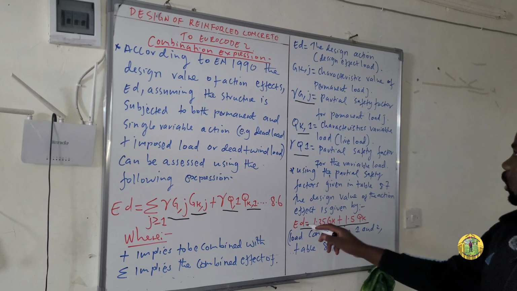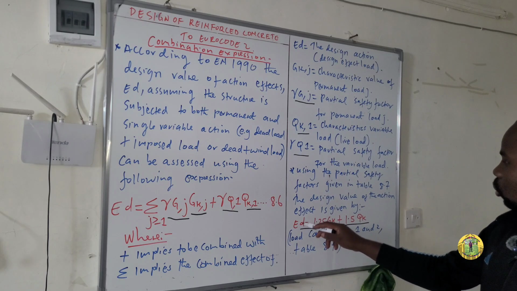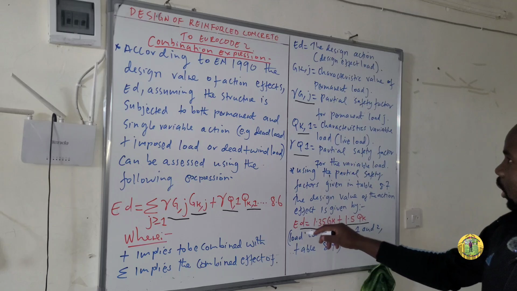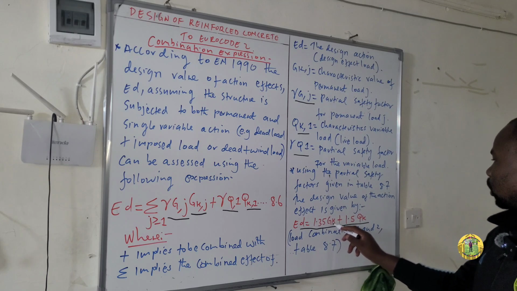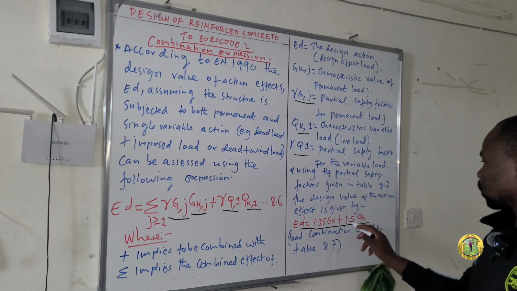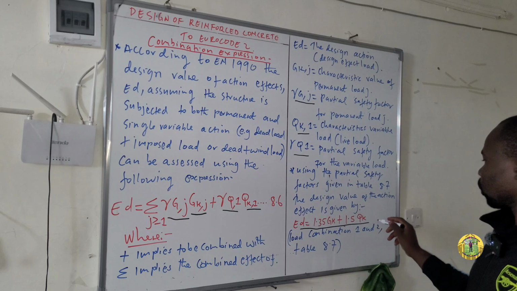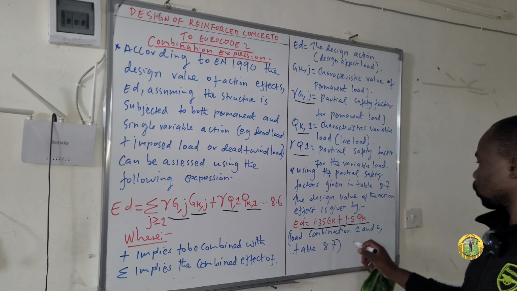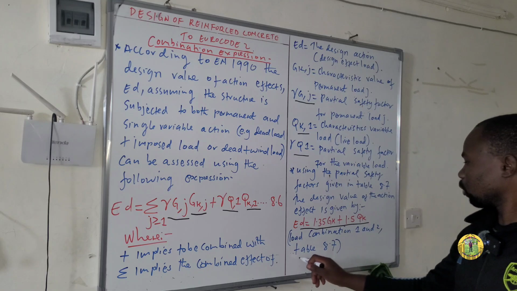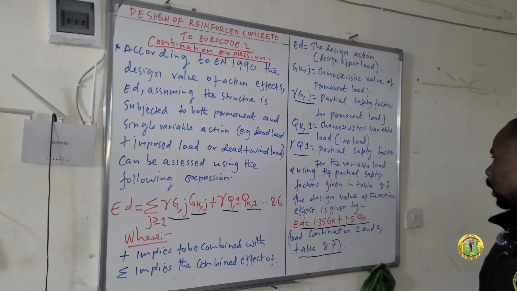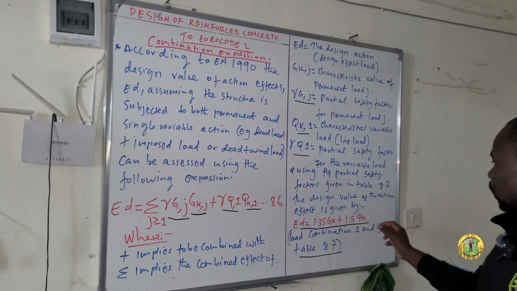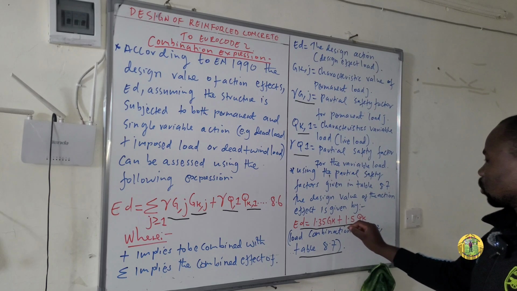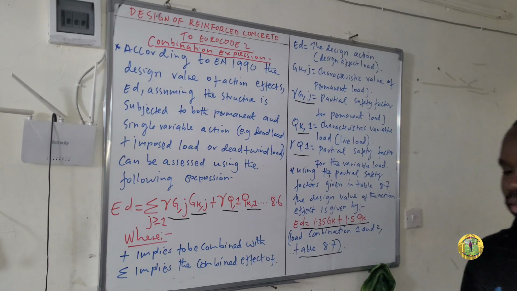This is the design action, or the design value of action, given by 1.35 Gk plus 1.5 Qk. This is load combination 1 and 2 from table 8.7. I think I can show you the table so that you can see how this 1.35 and 1.5 are obtained from the table. Let me show you the table.